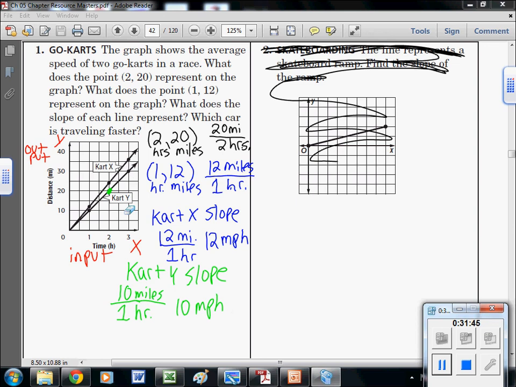So at this point, we've answered all aspects of this question, where we had to interpret the graph, calculate some items, but most importantly, we interpreted what the slope means. The slope of this line in this case was the speed of the go-karts. So remember, when you're working on slope, guys, be careful how you calculate it.